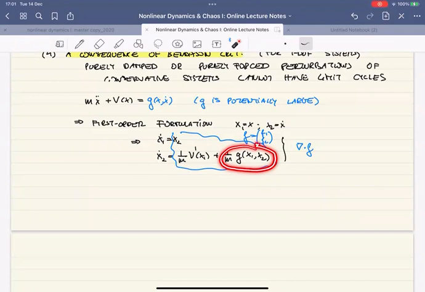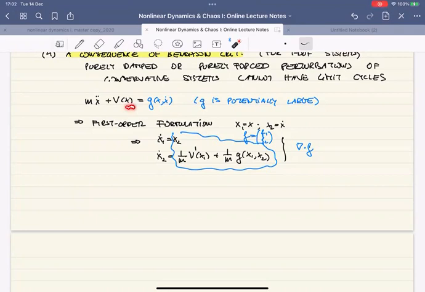Which is actually not unexpected, because if you don't have any dependence on velocities in this function, then I can just subsume that into the potential, because it only depends on the position. I can just look at its antiderivative in one dimension, integrate g and add that to the potential, and I'm done. So I'm still in the conservative framework, right?